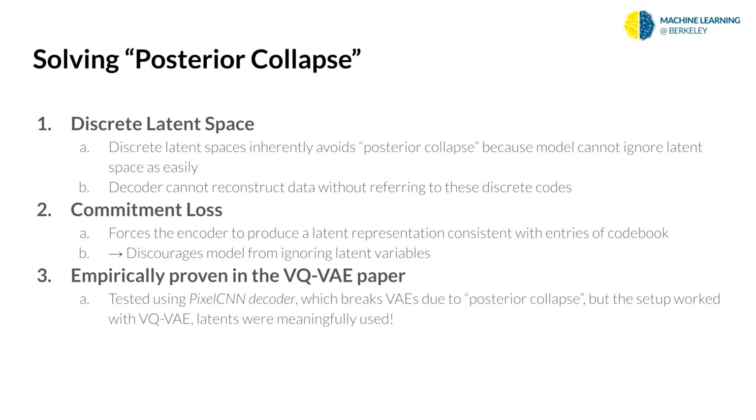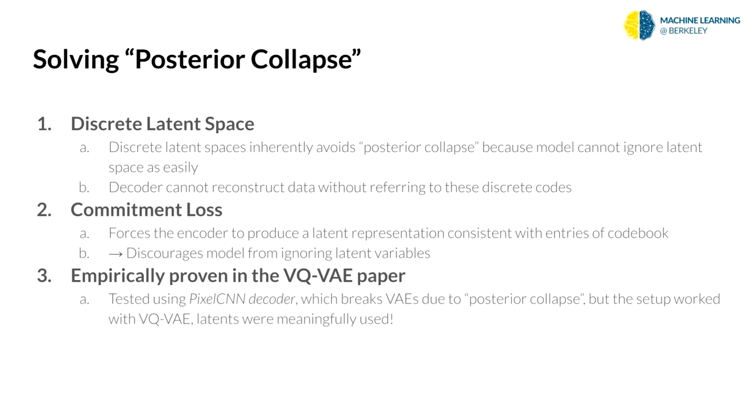Because of commitment loss, we're not going to have a bunch of vectors far off. Because of that, they'll correspond more closely to the codebook, and we'll get better outputs. That also discourages the model from ignoring latent variables.